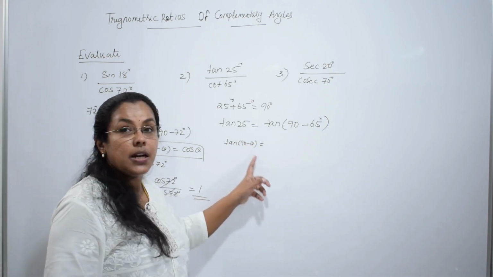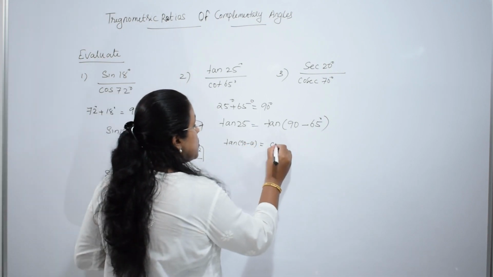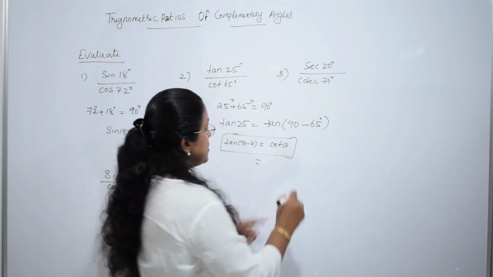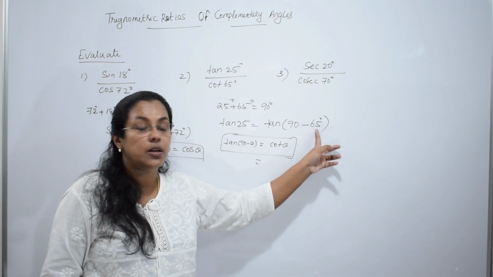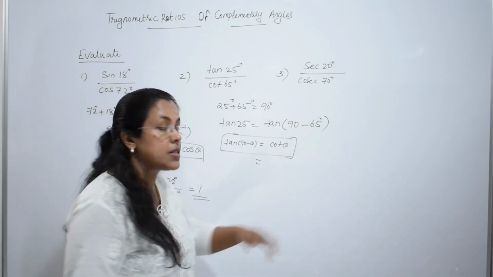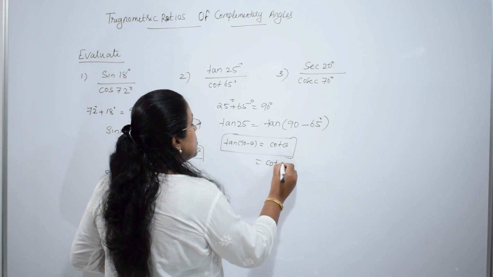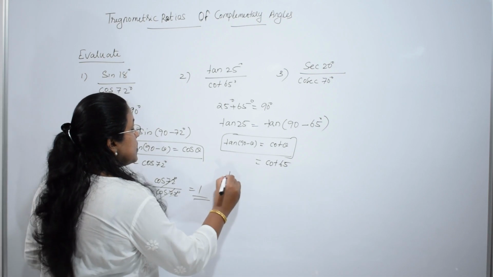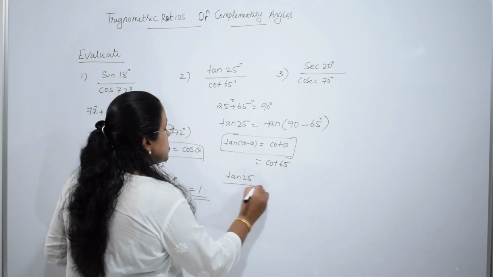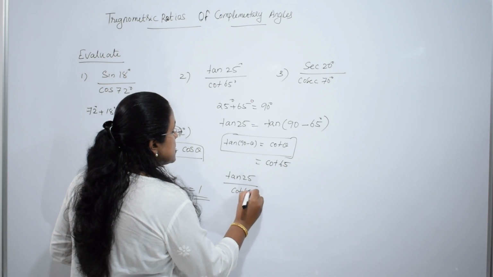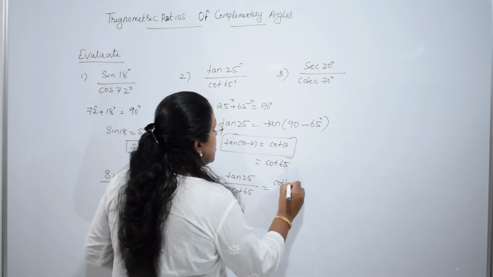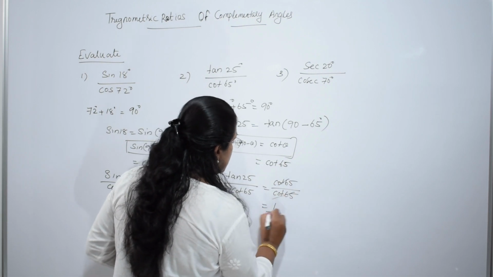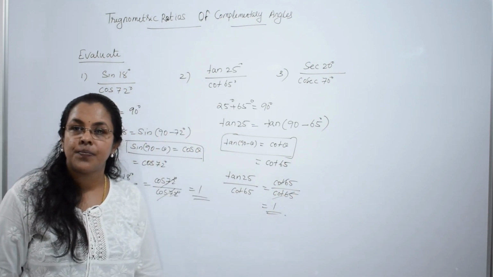We have learned tan(90° − θ) is equal to cot θ. What is θ here? 65 degrees. So tan(90° − 65°) is equal to cot 65°. Replacing the value here, tan 25° upon cot 65° is equal to cot 65° upon cot 65°. Cancelling both, we get the answer as 1.